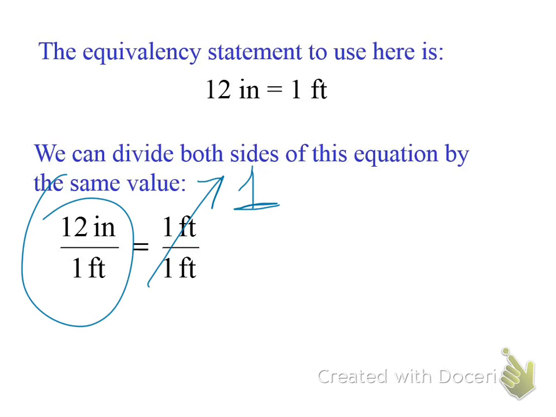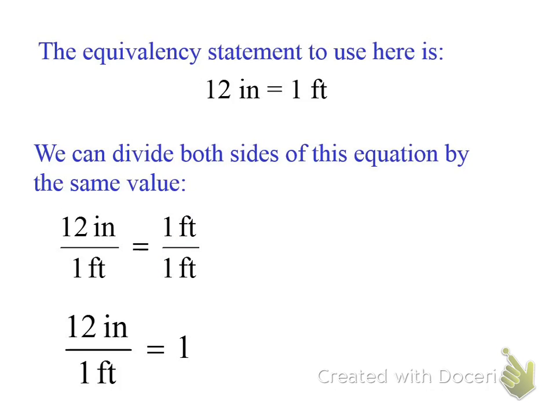So now we're going to end up with the inverse. What if instead of dividing by 1 foot, we divided both sides by 12 inches? Okay. In this case, of course, 12 inches over 12 inches goes to 1.